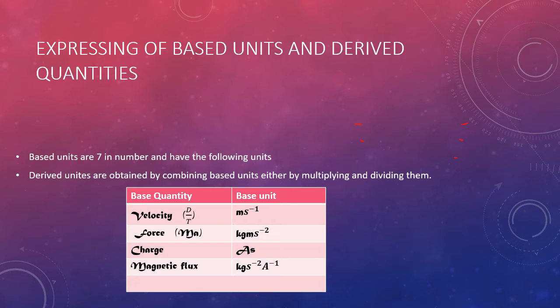Now charge is given by the equation Q equals It, where I is the unit of current and t is time, represented as unit s. Hence we have As. Magnetic flux is given as kilogram per second squared per ampere. In the long run, we're going to see that.